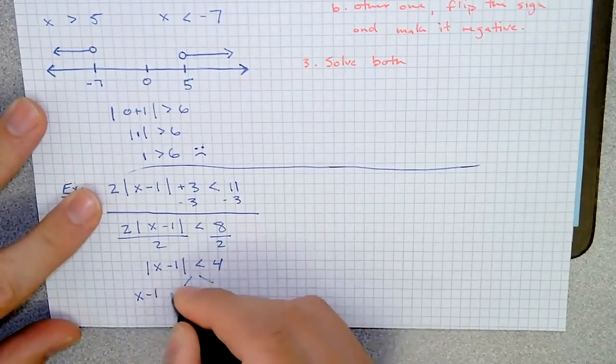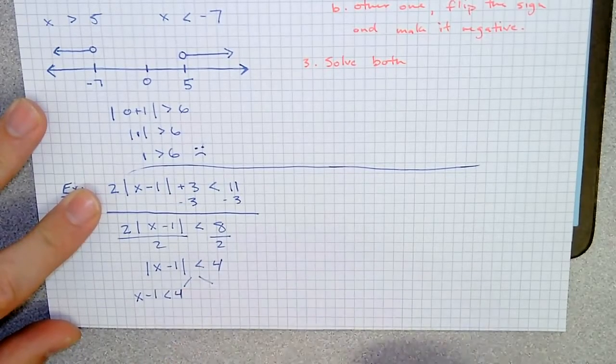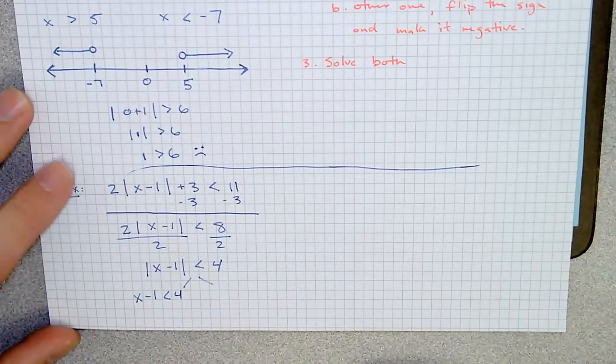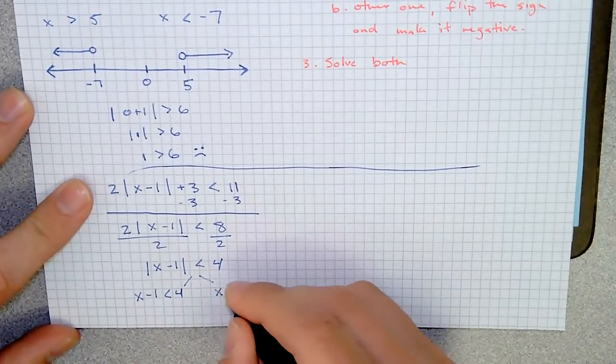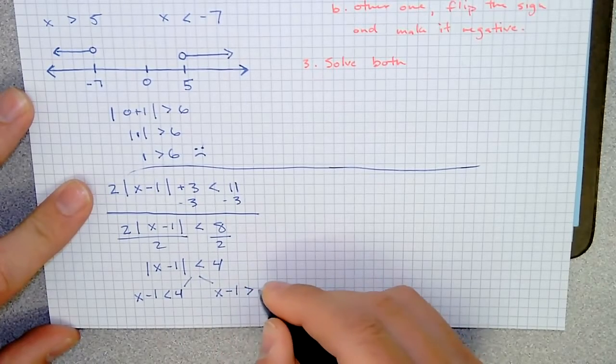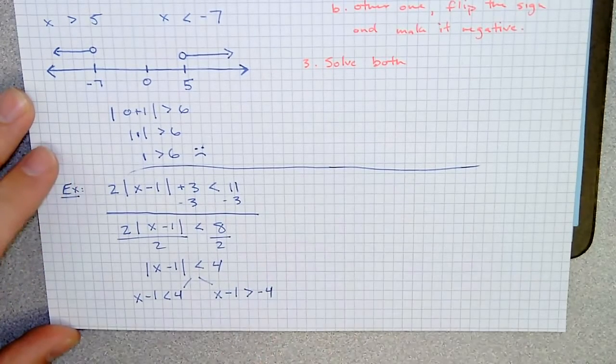x minus 1 is less than 4. And my other one, x minus 1 is going to be greater than -4.